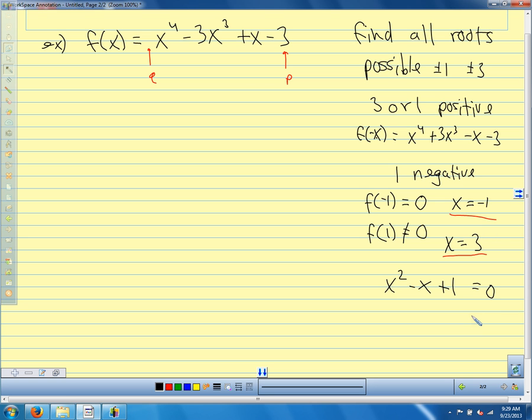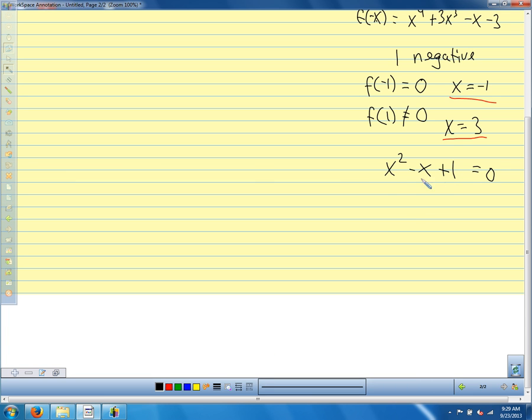This does not factor. So what do we have to do? Quadratic formula. When I plug a equals 1, b equals negative 1, c equals 1 into the quadratic formula, I end up with x equals 1/2 plus or minus square root of 3 over 2 i. There are my other two zeros.